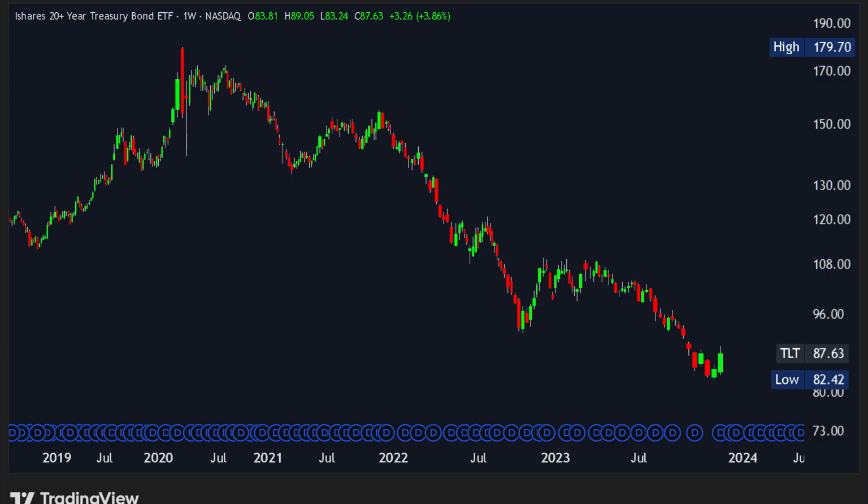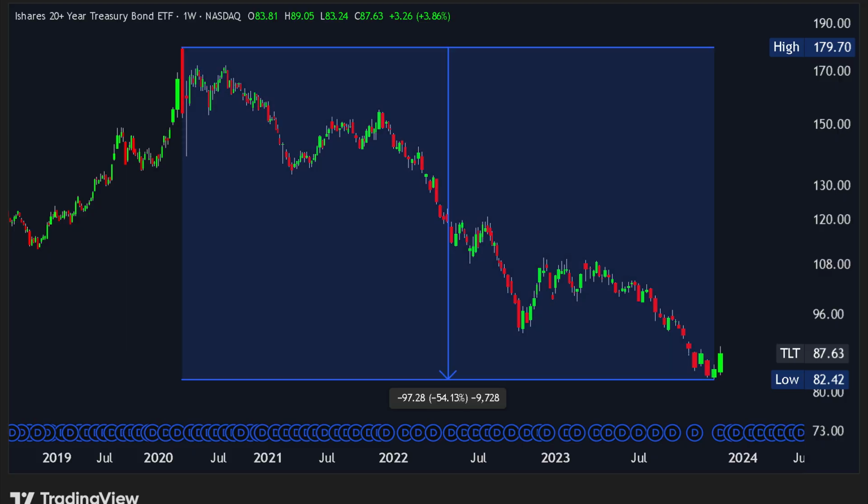This is TLT. The original hypothesis did not work, and one critical level forced the entire local interpretation to change. TLT is an ETF that tracks long-term United States Treasury bonds.